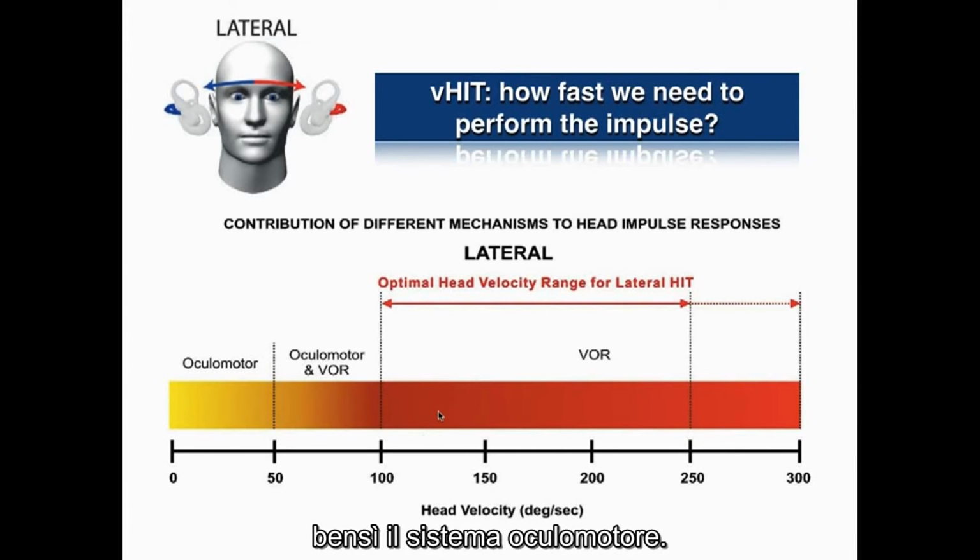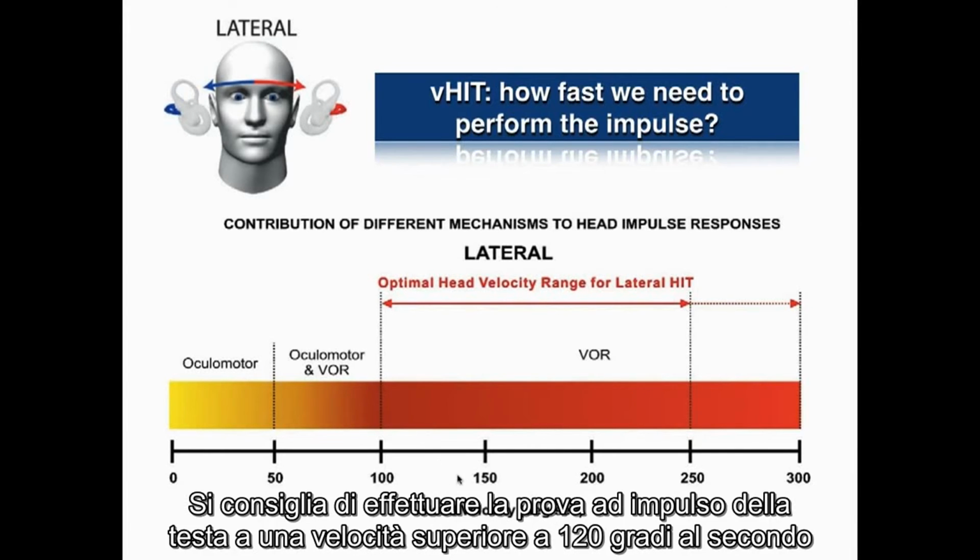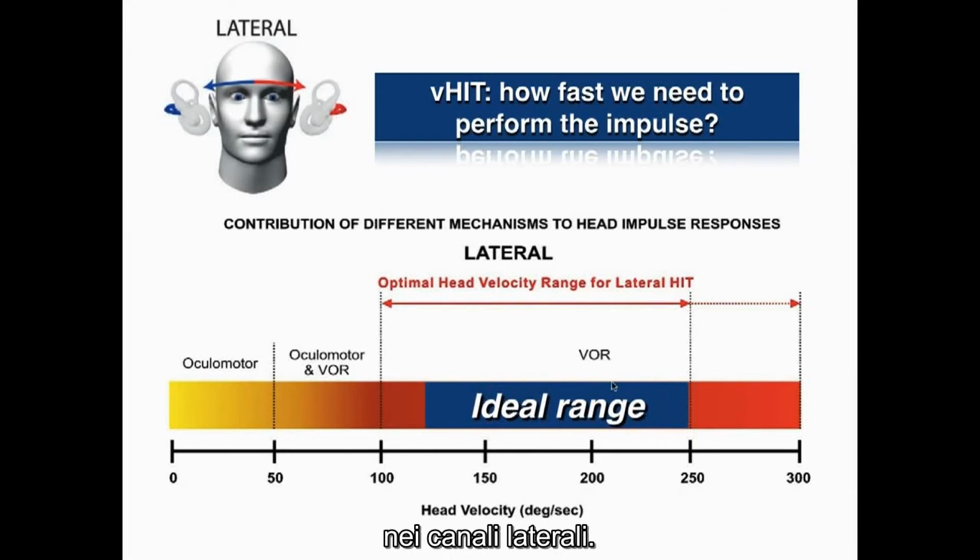You are testing the ocular motor system. So the recommendation is that you should perform your head impulse faster than 120 degrees per second in lateral canals. This is the ideal range for the velocity.